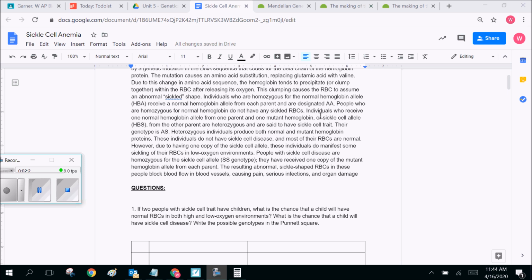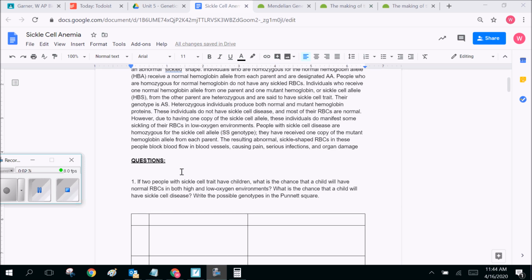We could think of this as homozygous dominant, homozygous recessive, and heterozygous. However you want to think about that is fine, but we will see that codominance is going to play a part in this role as well. That's in the non-Mendelian video if you need to go back and reference that.